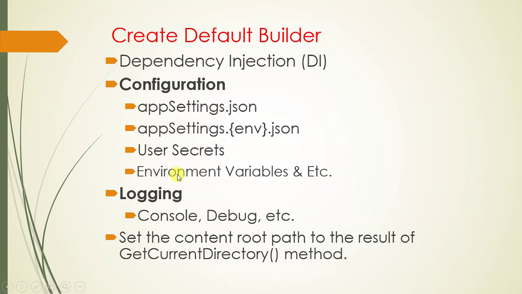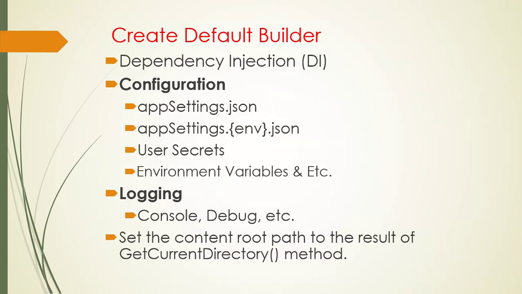Along with this, the method also configures the logging features to log to the console, debug, and even event source output. Okay. Nowadays, logging is mandatory for any kind of application. So, by using the CreateDefaultBuilder method, we also get logging support by default.